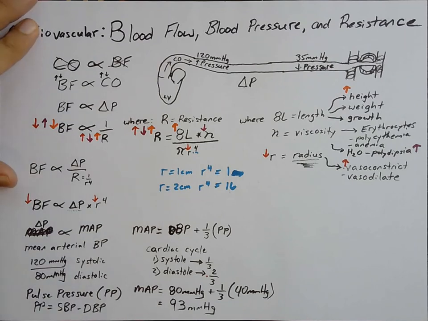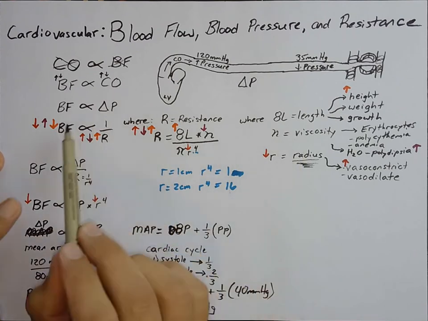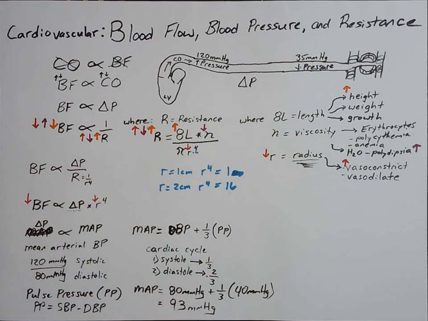Oh, Dr. H, do we really need to know all of this math? The answer is yes and no, because there's something else to think about here that we can actually use, similar to what we used up here with blood flow. And that is that there are a bunch of determining factors that control your mean arterial blood pressure.